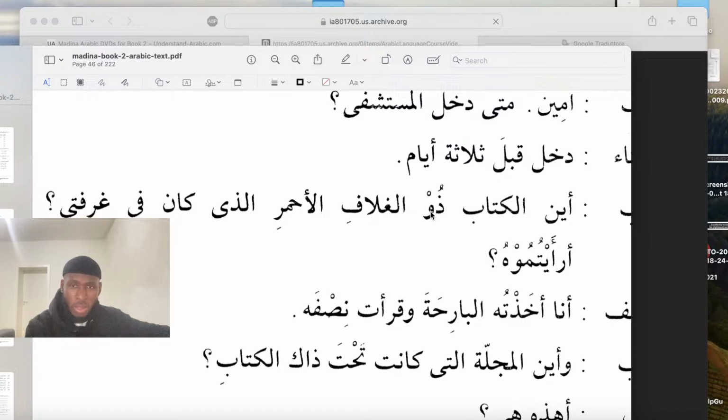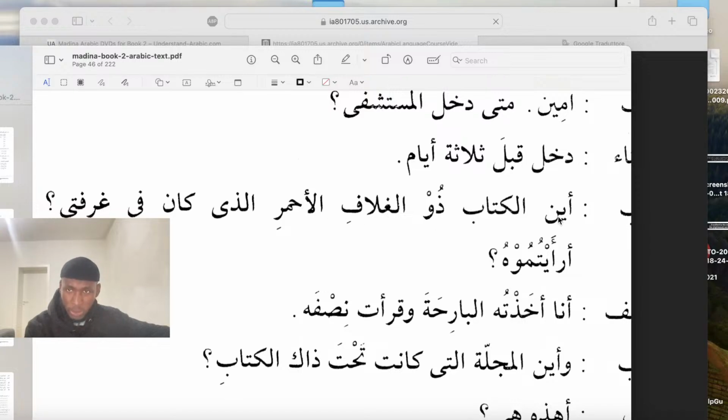Dhu with al-ghilaf means that possesses what? The red cover. Ahmar is obviously not for al-ghilaf. So the book possessing the cover, red.